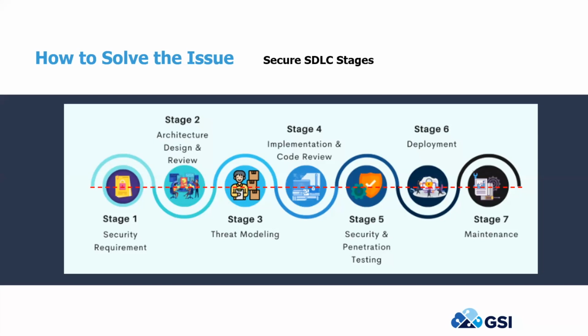But in this diagram, the top portion is usually what most companies do. You design the software, you send it back to the users, you review it, then you put it together, and you implement it, whether it's agile or a waterfall process, doesn't matter, and then you deploy it.